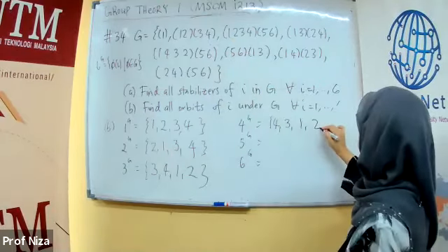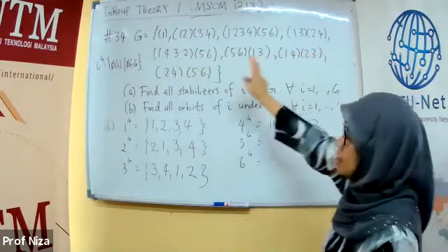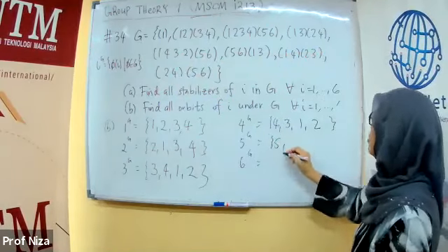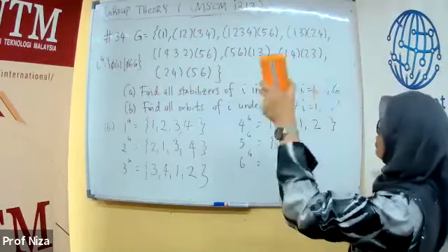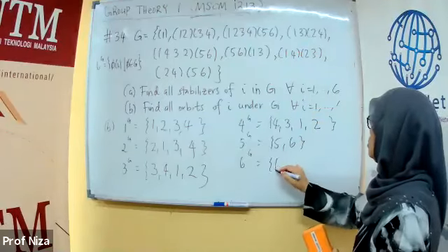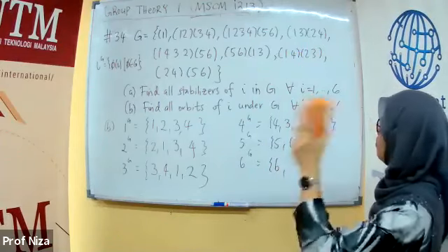Okay, 5 and 6: 6 goes to 6, also to 5, 5 goes to 5.